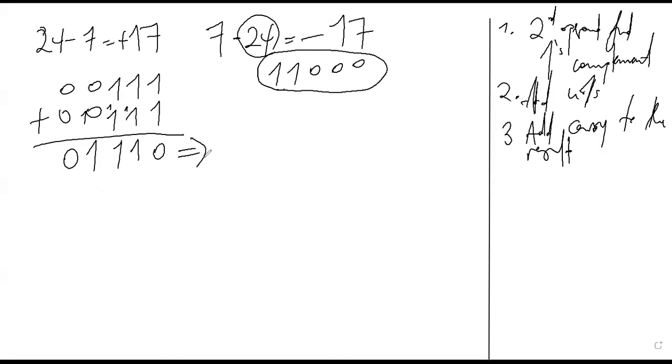But not to us humans. To us humans, that is not a negative 17. To the computer, that is a negative 17 because that number is in one's complement. That is the negative 17 using one's complement.